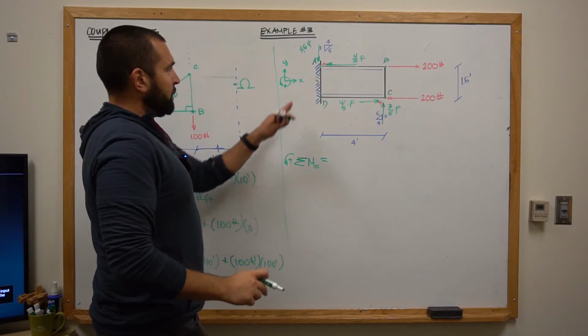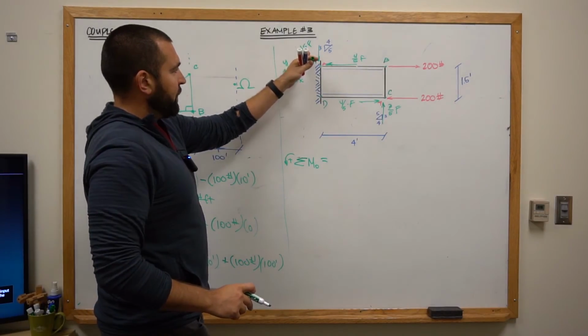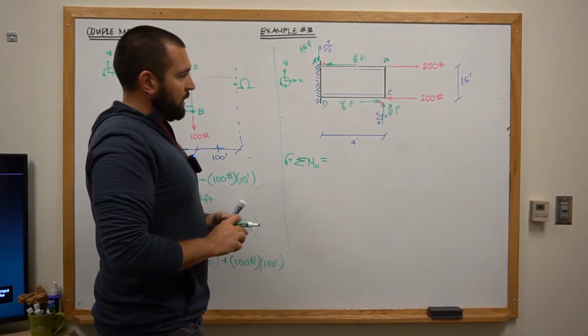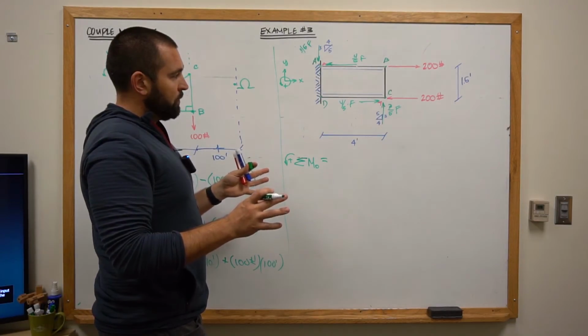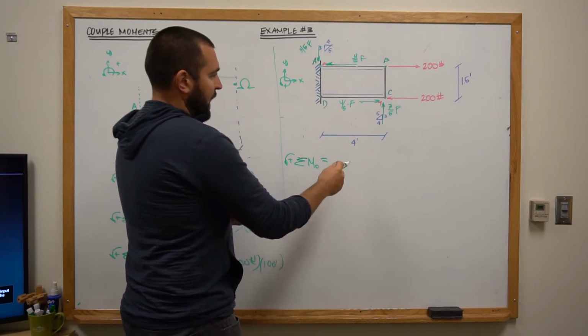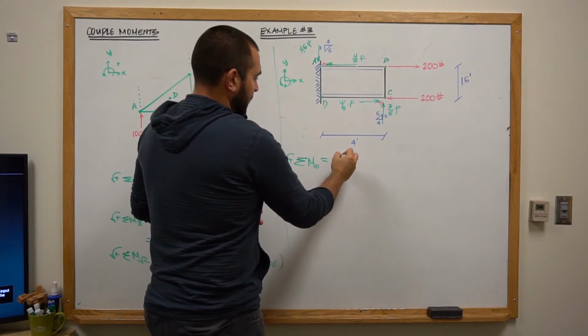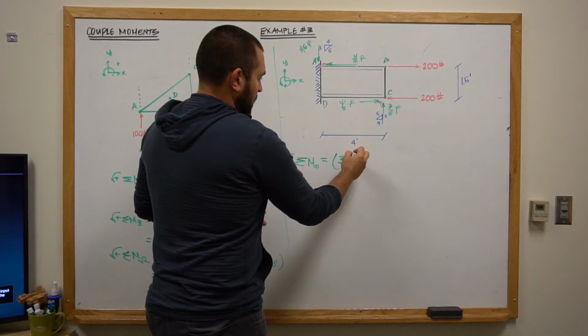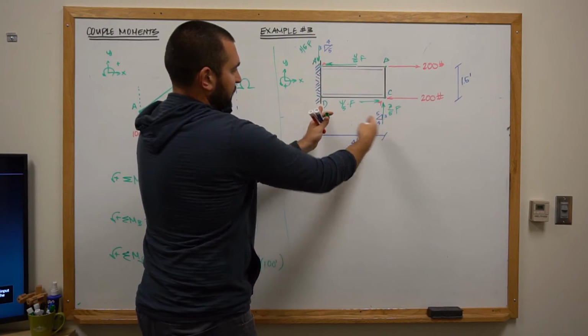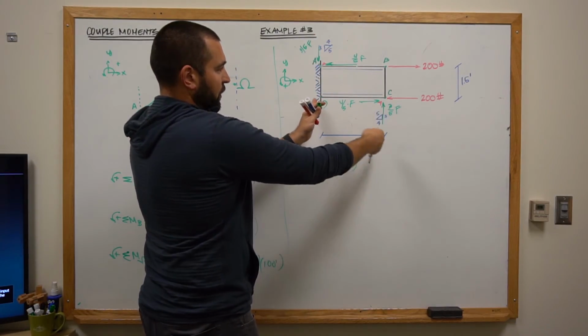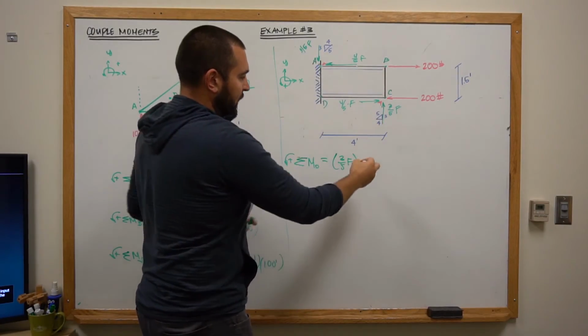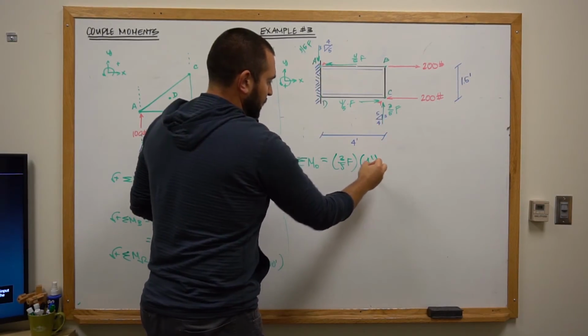Let's look at the couple moment from the 3/5 F forces couple. And so the magnitude is going to be equal to the force itself, which is 3/5 F, times the perpendicular distance between the two parallel lines, which is 4 feet.